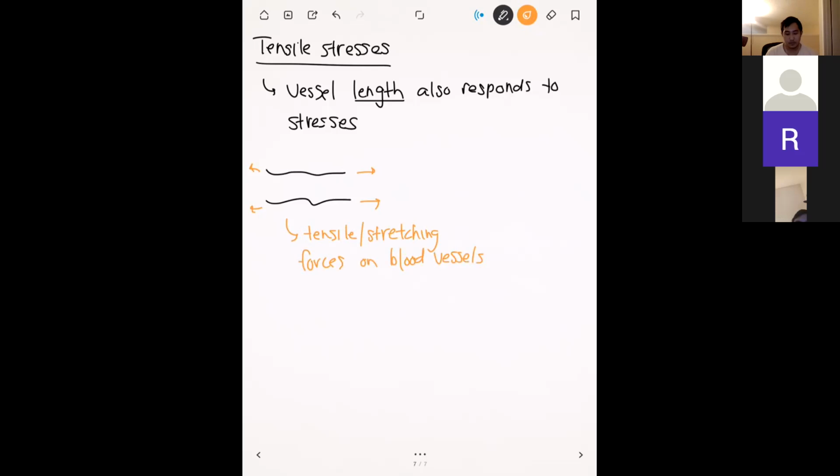Okay. And so, just like we talked about, blood vessels don't like to experience stresses that they're not used to. So whenever that happens, they adjust their geometry in order to account for this. And so the way that they can adjust to alleviate that stress is that they can just get longer.